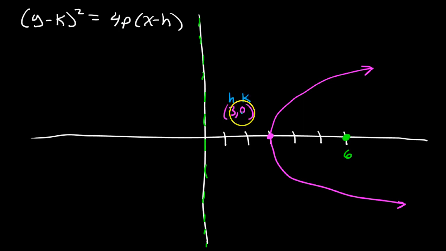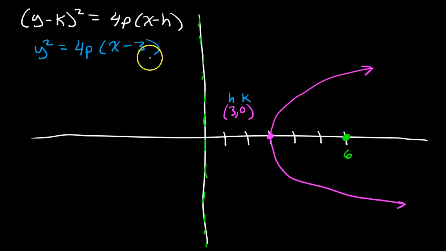Don't forget that it's the y coordinate that has to go here in the y portion of the graph. So since this k is 0, then this will just be y squared. Alright, and then we will have 4p times x minus h. That means the opposite of this, so x minus 3.